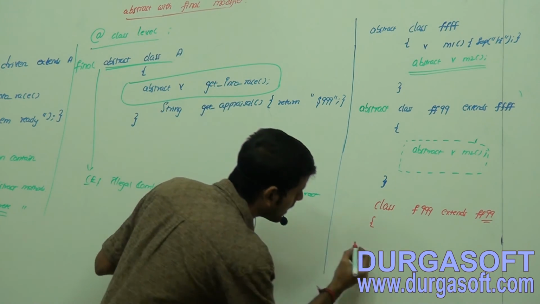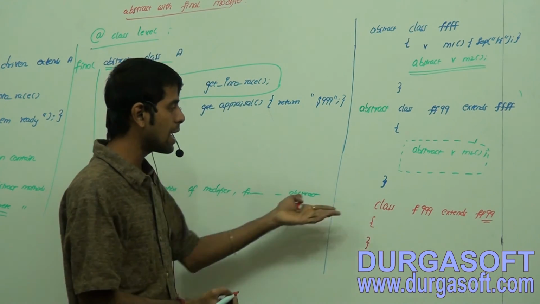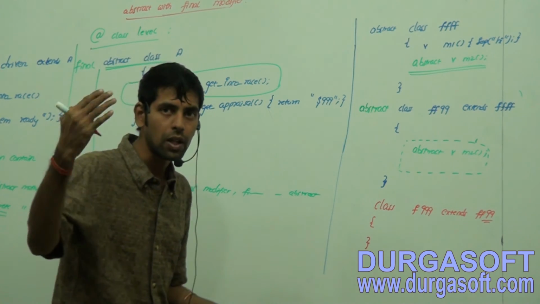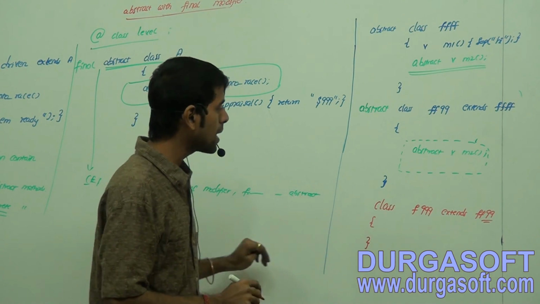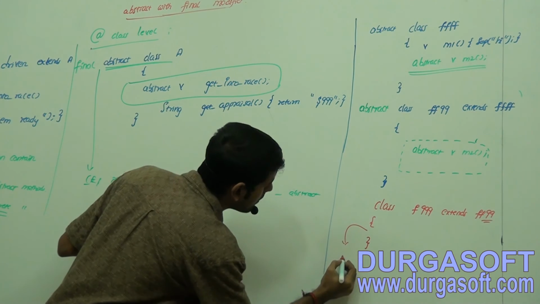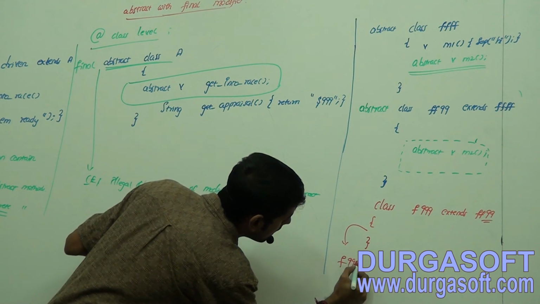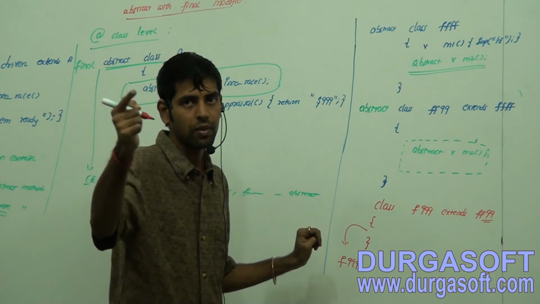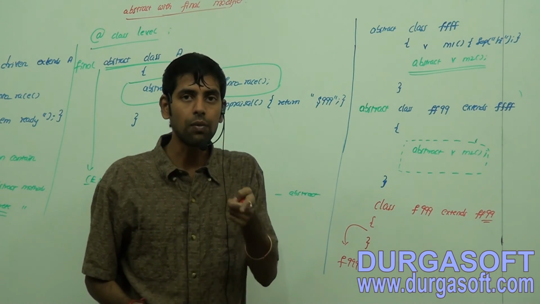Now observe here. If I declare a class in this way, it will give us a compile time error. What is that compile time error? F999, earlier it was FF99, now it is F999.